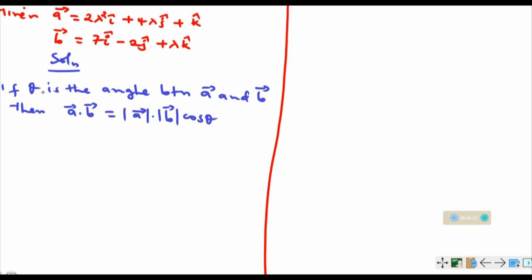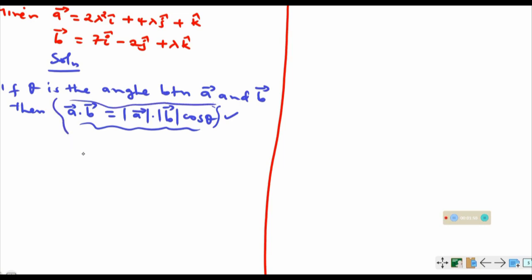So if we need to find the angle between two vectors, we use this relation here. And since we are interested in finding the values of lambda for which the angle between these two vectors A and B is obtuse, then we shall need to know the relation which relates the angle between two vectors. And that relation is this one here.